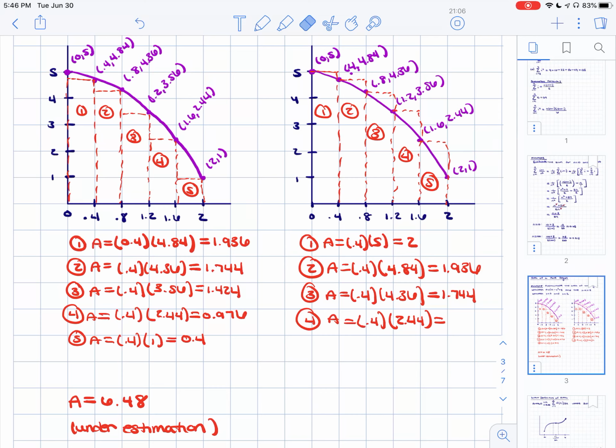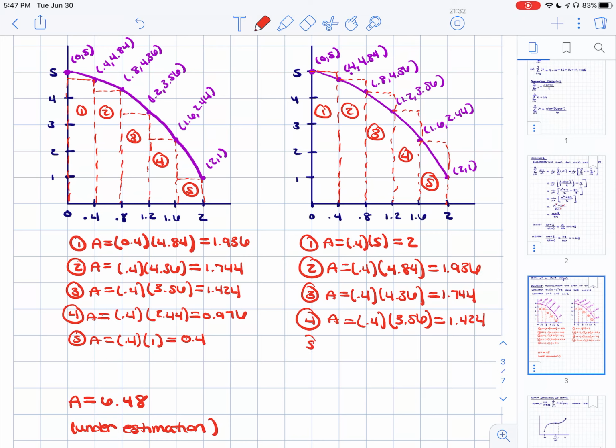Shoot, I just realized I'm using the wrong point here. There we go. Sorry, I was looking at the wrong rectangle. Fourth rectangle has a height of 3.56. Sorry about that. So that would be 1.424.